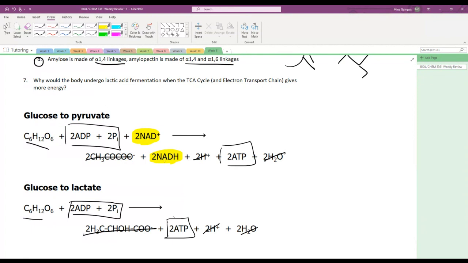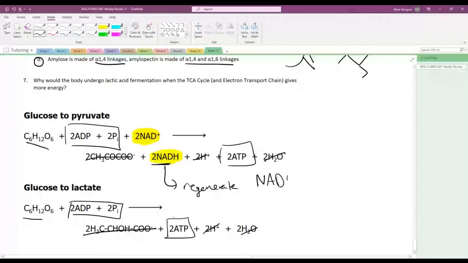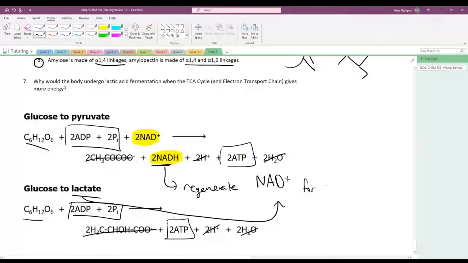So lactate, while not super great for us energetically, we're wasting this NADH effectively. We're regenerating NAD plus by lactate for further glycolysis.